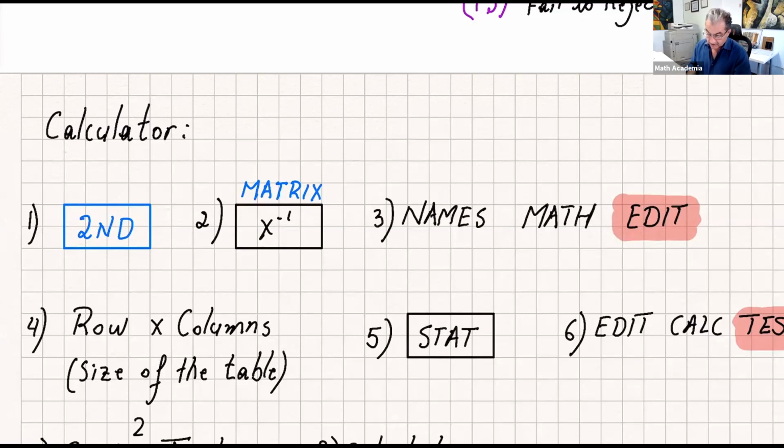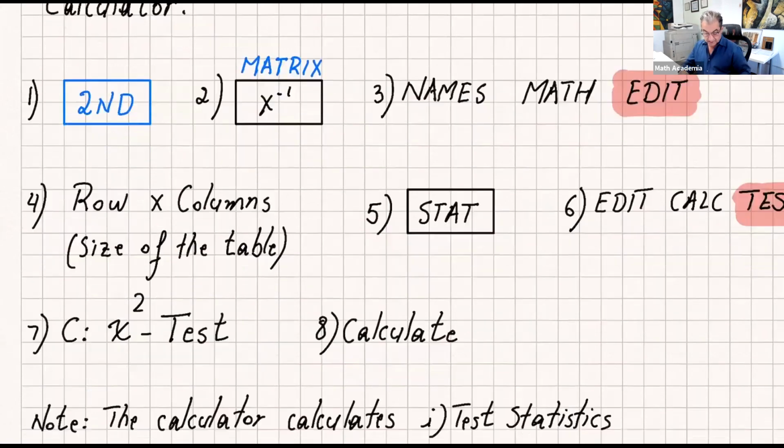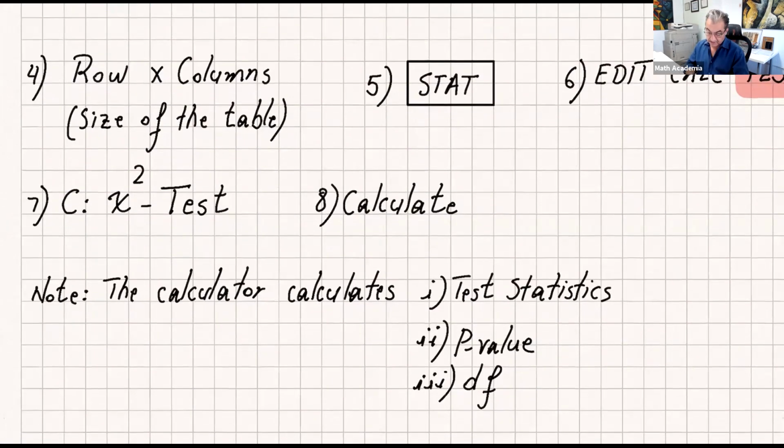So you highlight edit. Number of rows and number of columns, first rows, then columns, don't forget. Then you go to stat, you pick test, and you go to chi-square test, and you just calculate. And the calculator is going to calculate the test statistic and p-value, and it will give you the degrees of freedom.